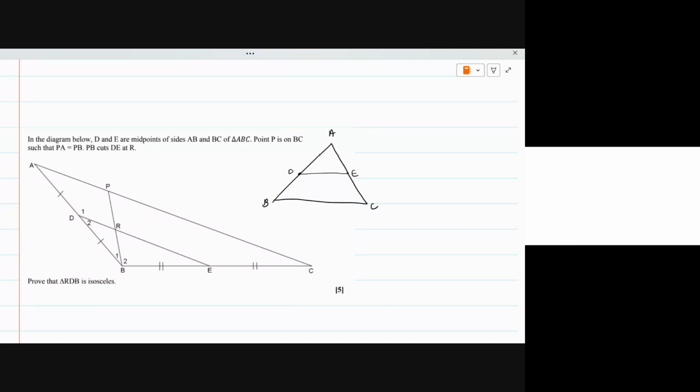If D is the midpoint of AB, then AD is equal to DB and AE is equal to EC. That's the first conclusion. Then if DE is X, BC must be 2X. Conclusion number 3 is that DE will be parallel to BC.